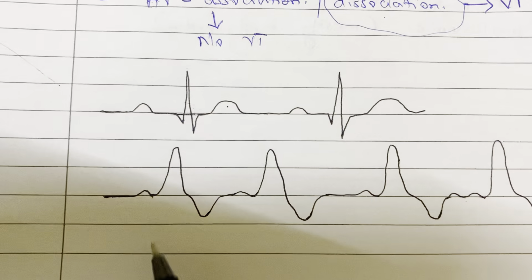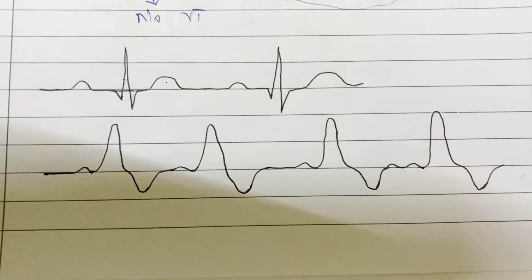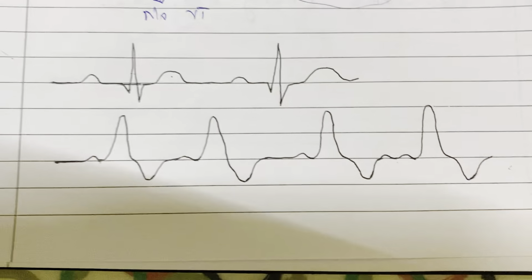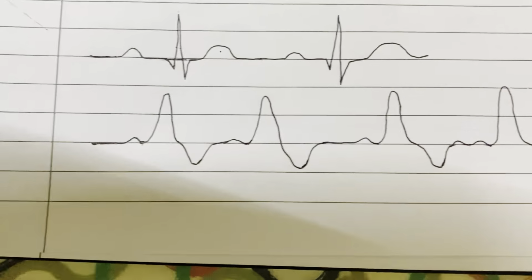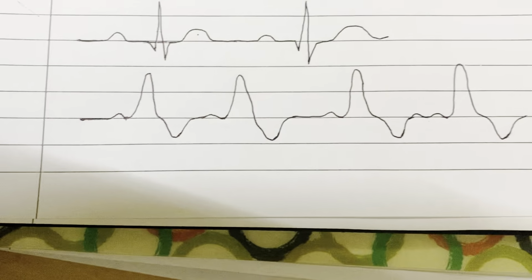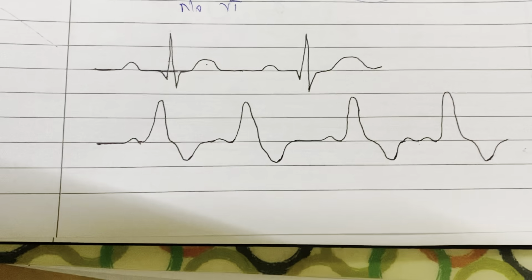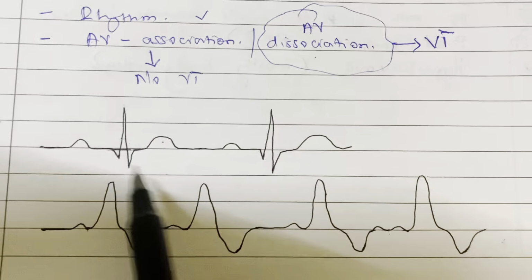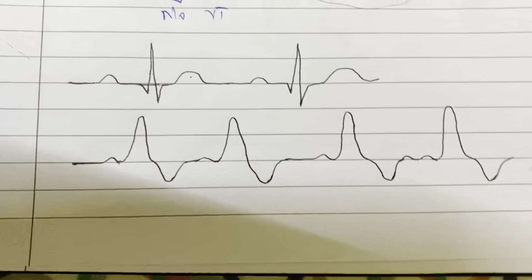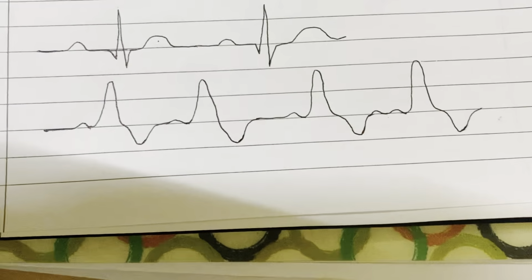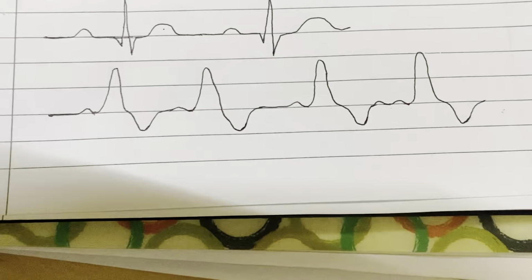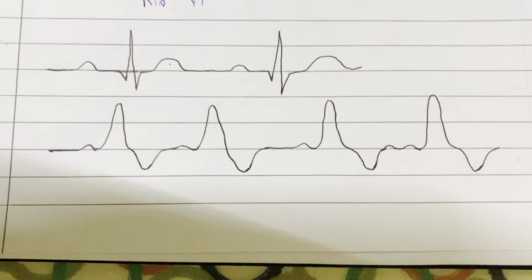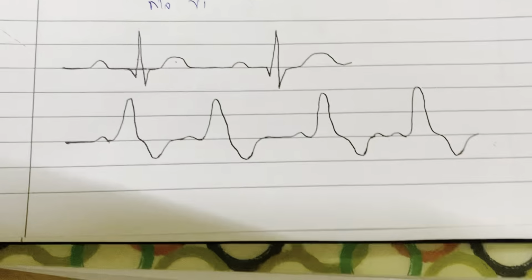But also we said that the normal T wave is positive. Don't forget that. We said the normal T wave should be positive. It shouldn't be negative or inverted. If I say inverted and negative, they are the same. A normal T wave should never be inverted, only in AVR and sometimes in lead V1, not lead 1, lead V1.